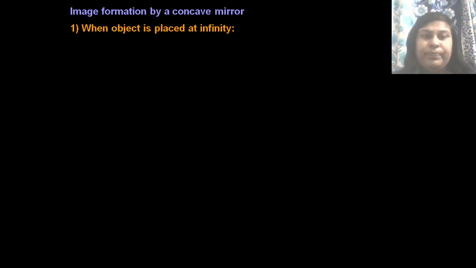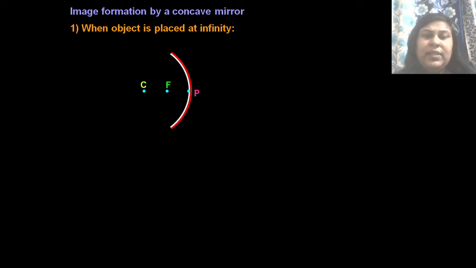And the fourth: if any ray is incident obliquely at the pole, making some angle, then it reflects back making the same angle. So now I'm going to explain to you about the image formation by a concave mirror when the object is at infinity.